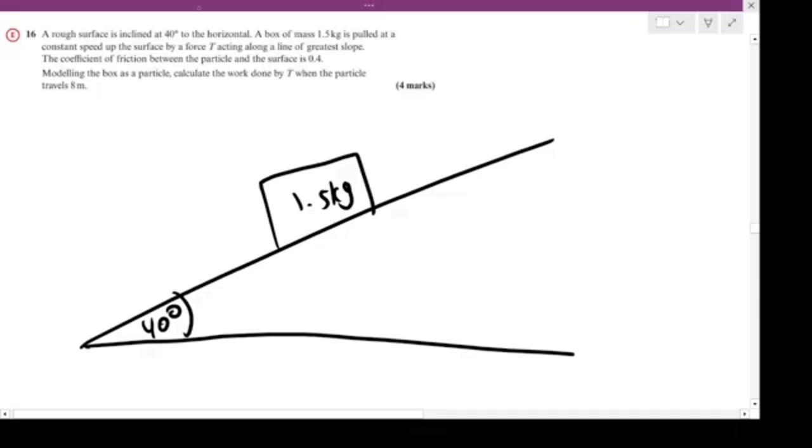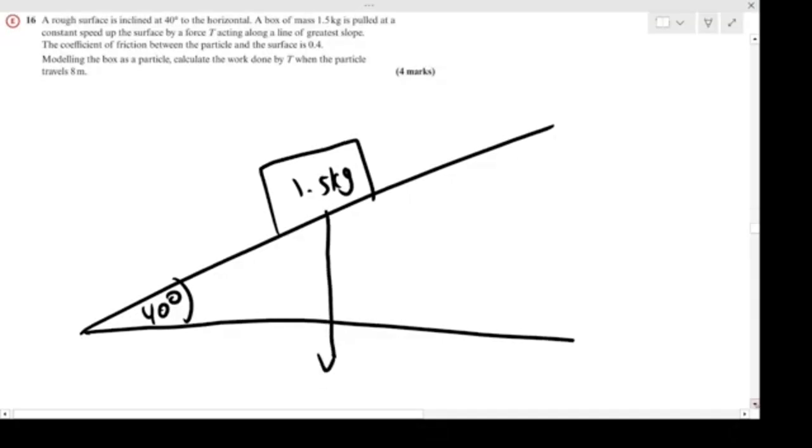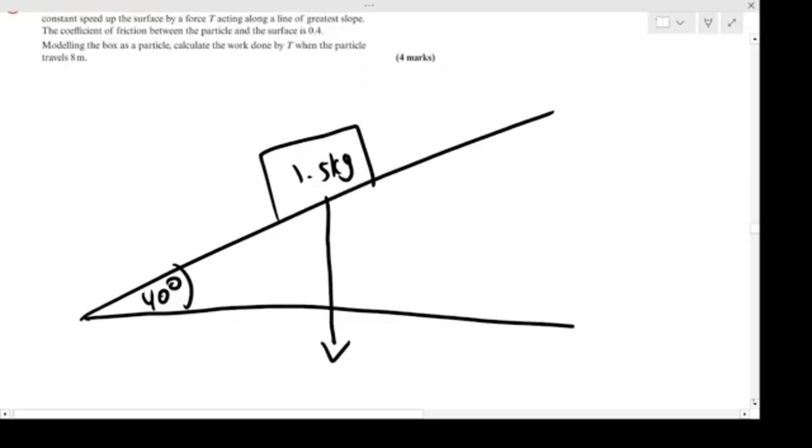Then we add on my forces. Firstly, I've got my weight force, I'm going to call it W. I am going to have a reaction force, R. Again, that's going to be perpendicular, acting up from the box.